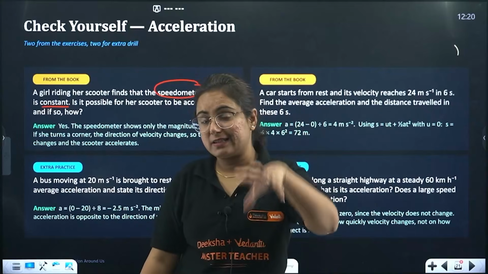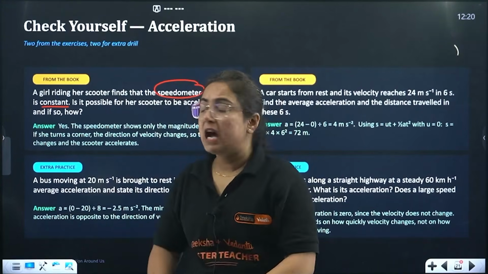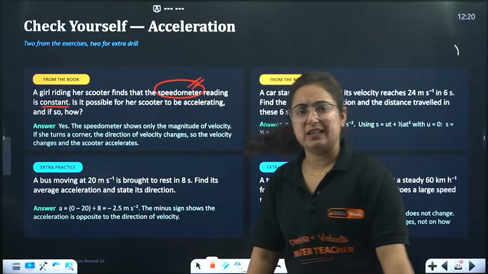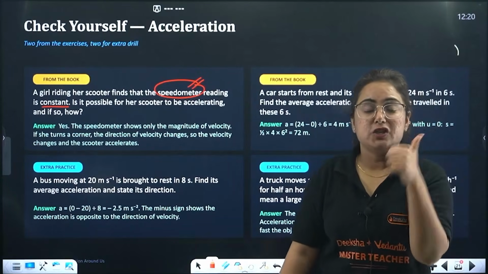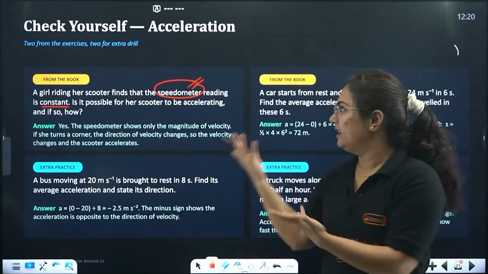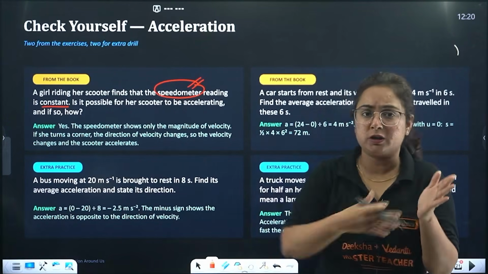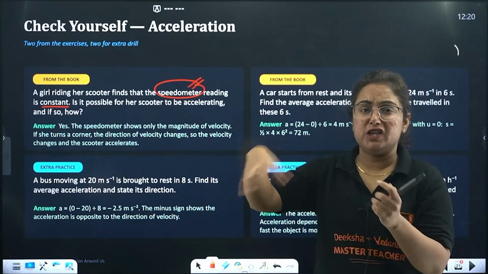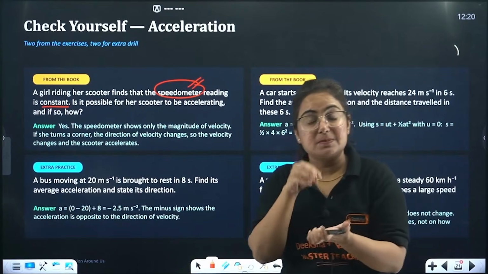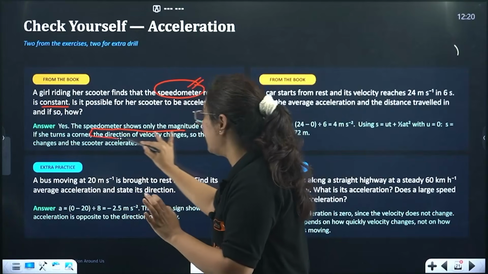See, a girl is riding the scooter and finds that for a long route her speedometer is constant. One case is that she might be moving on a straight road, but there is no such case given here. So there are chances that she might have turns, a change in direction. So beta, the speedometer can be constant whenever there is a change in direction.